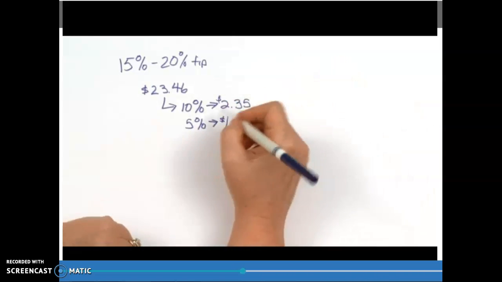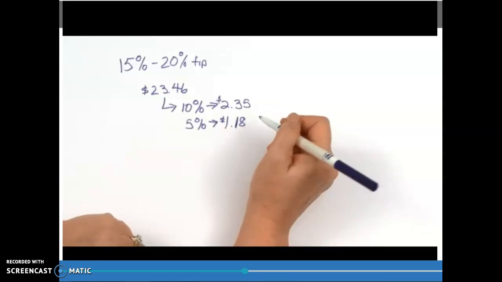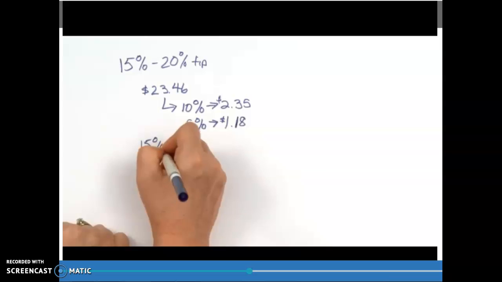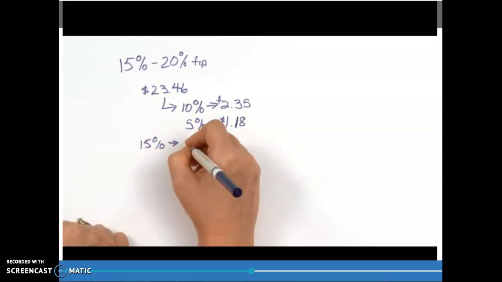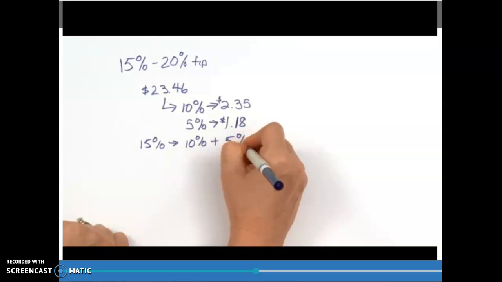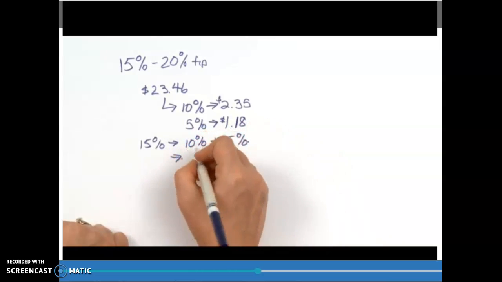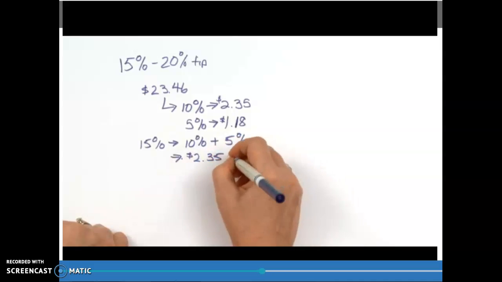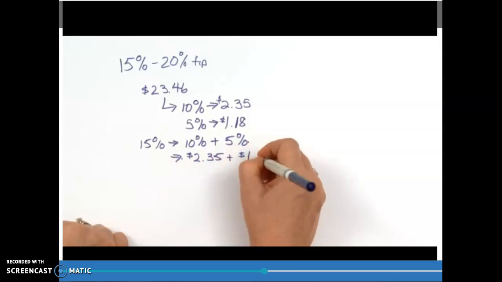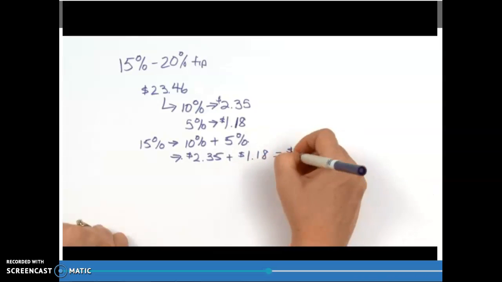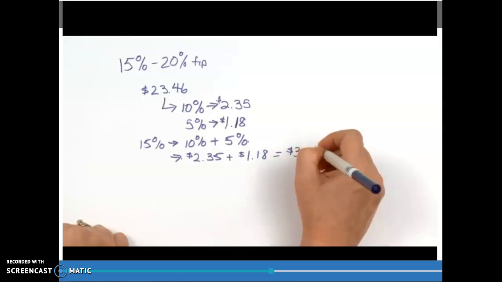So again, we're fairly close. In order to figure out 15% then, 15% will be the sum of our 10% plus our 5%. And that will be $2.35 plus $1.18, which will give us $3.53.